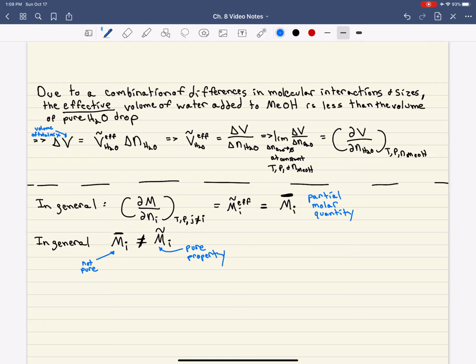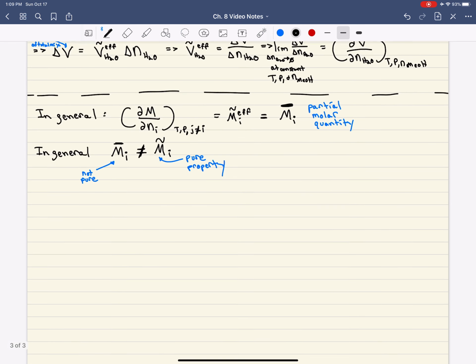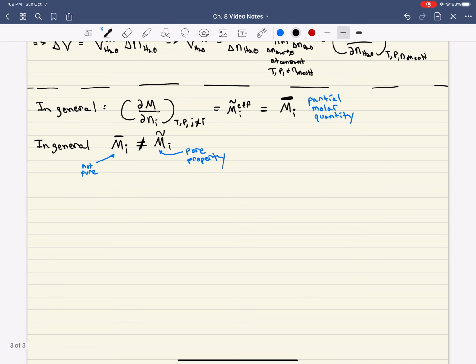All right, and so for emphasis, I want to say that you can have a partial molar quantity for any extensive property. And so, as we saw with volume, you could have a partial molar volume, with enthalpy you could have a partial molar enthalpy.